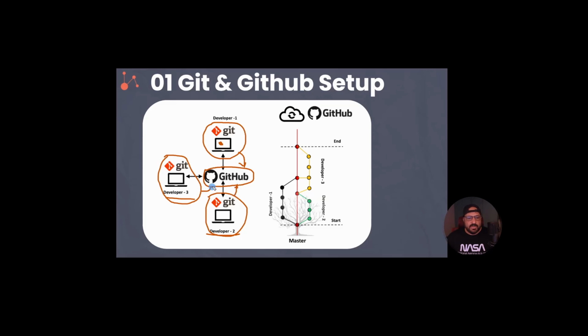So if three people in a team are working on a project separately, let's say on different functions or different modules, then they develop these things separately and then they push it to GitHub to make a unified product. So that's why it's a hub. Basically it's a cloud setup now owned by Microsoft, but it's free to use for individuals and small project teams. You don't have to pay as long as your repo is public.